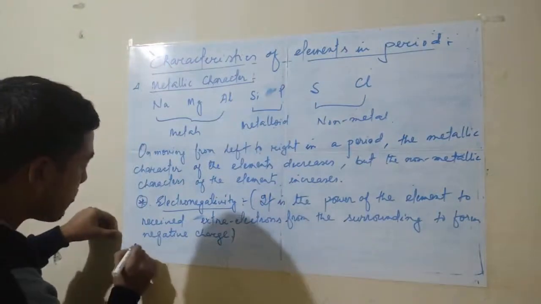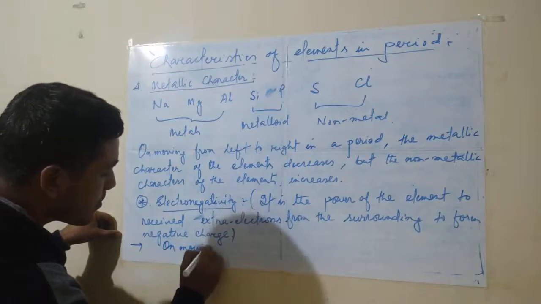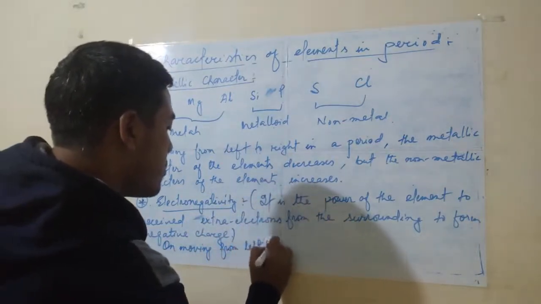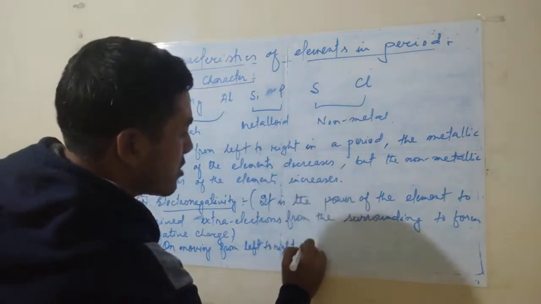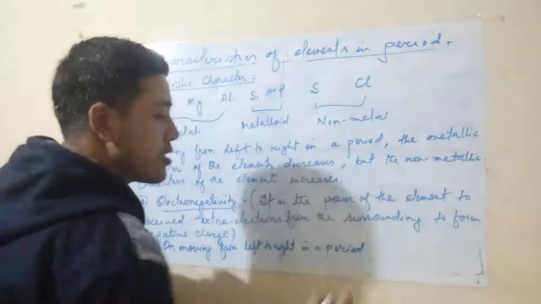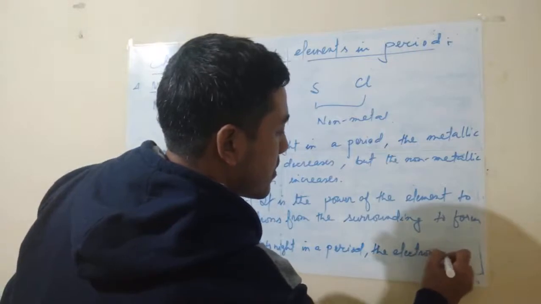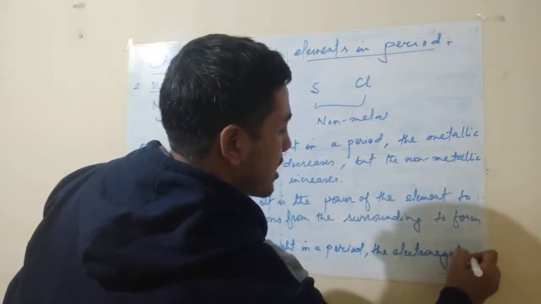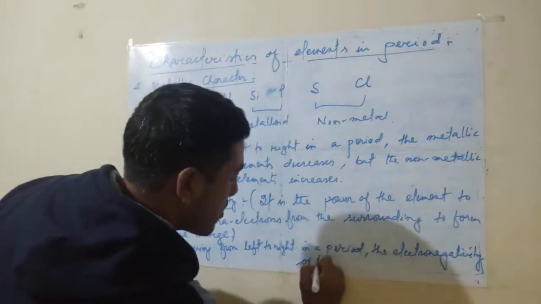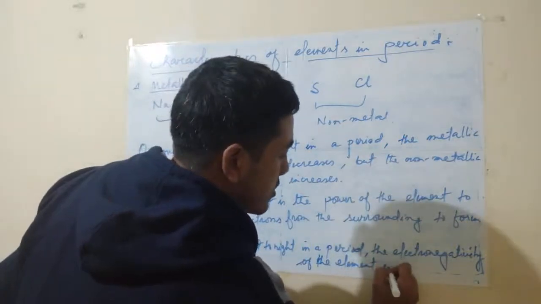Now the most important point is, on moving from left to right in a period, the electronegativity of the element increases.